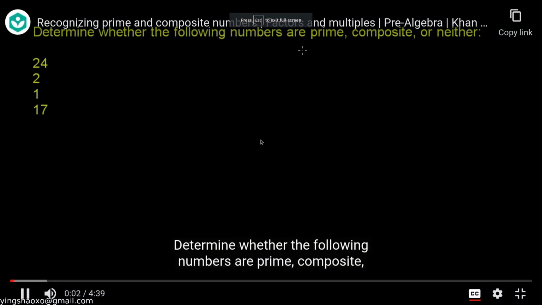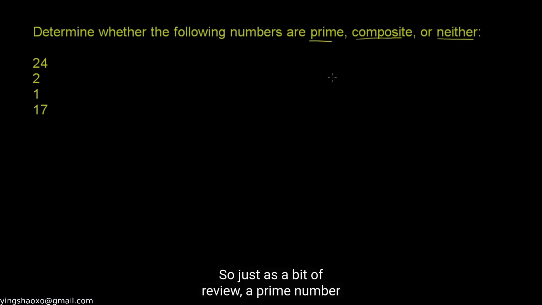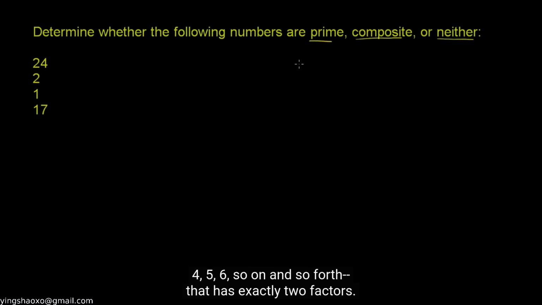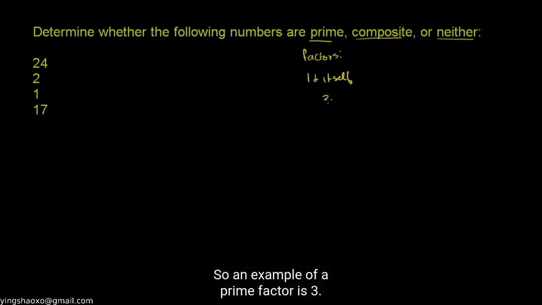Determine whether the following numbers are prime, composite, or neither. So just as a bit of review, a prime number is a natural number, so one of the counting numbers, 1, 2, 3, 4, 5, 6, so on and so forth, that has exactly 2 factors. So its factors are 1 and itself. An example of a prime number is 3.